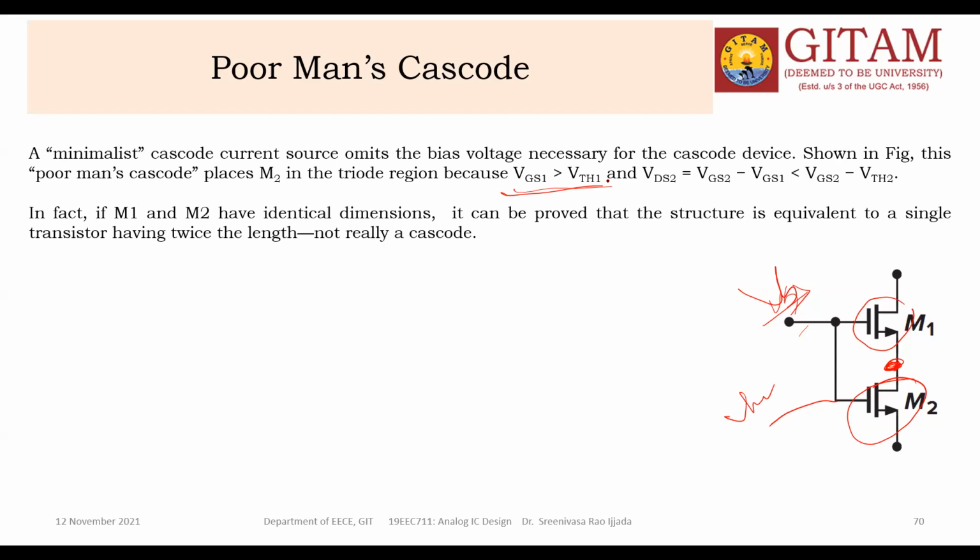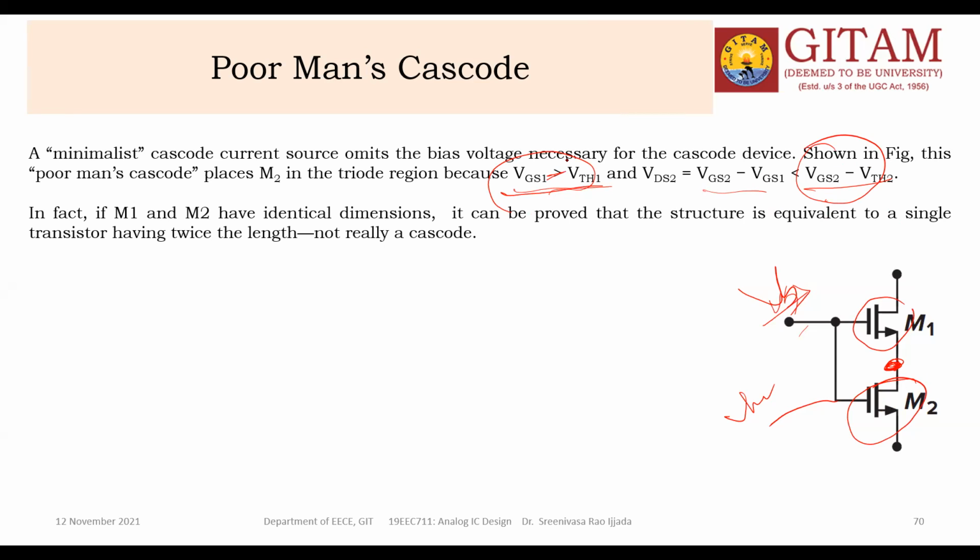VGS1 minus VTH1. So VDS2 is equal to VGS2 minus VGS1, which is less than VGS2 minus VTH2. These are nothing but the individual transistors' overdrive potentials.